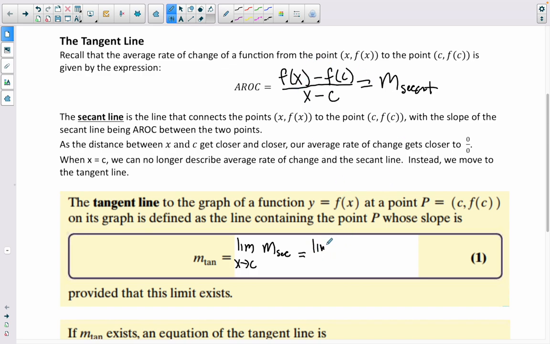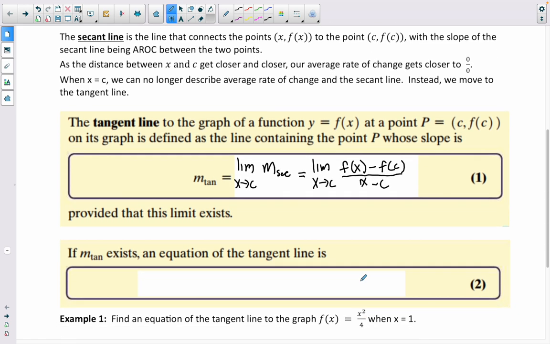So it becomes the limit as x approaches c of f of x minus f of c all over x minus c. And so we're going to have to evaluate this limit. That will give us the slope of the tangent line. If we know the slope of the tangent line, we can then write the equation of the tangent line.